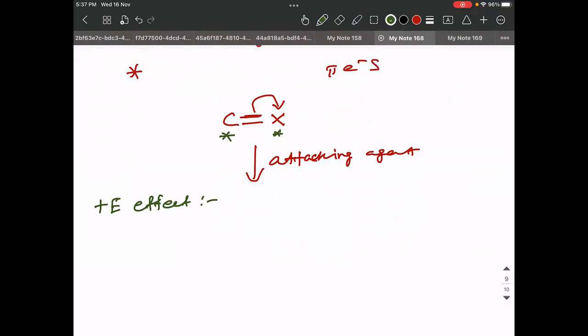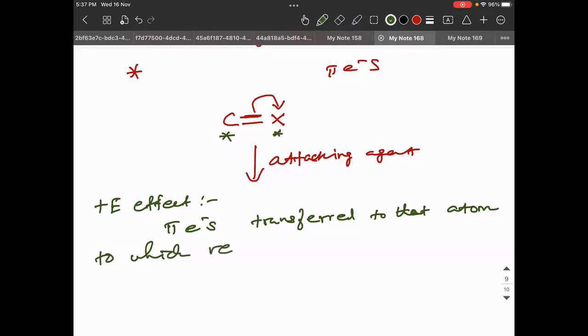So here the pi electrons are transferred. Take the example of an electrophilic addition reaction of a carbon-carbon double bond.